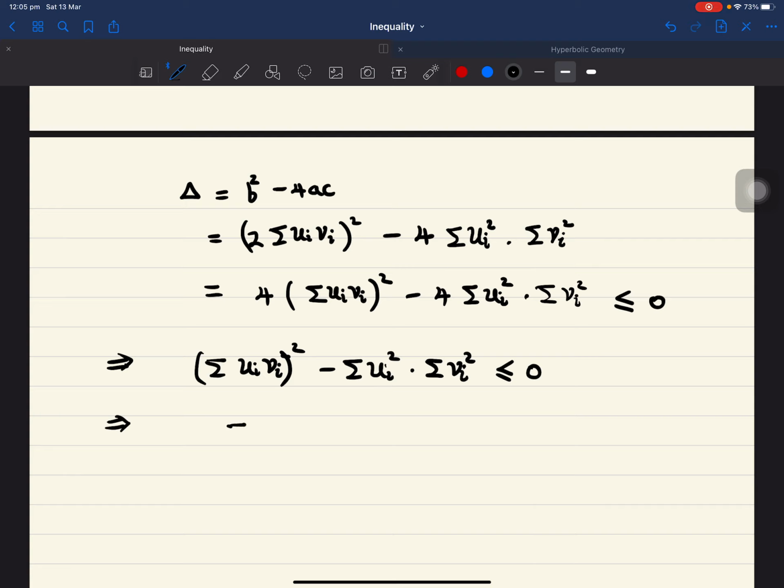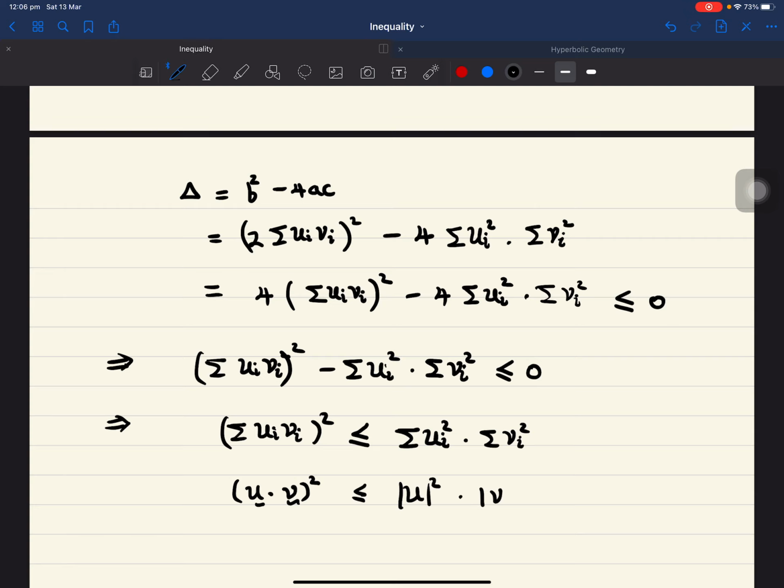Therefore, we got the sum of UiVi all squared less than or equal to the sum of Ui squared times the sum of Vi squared, and this is exactly U dot V all squared, considering them as vectors, that's the modulus of U times the modulus of V.